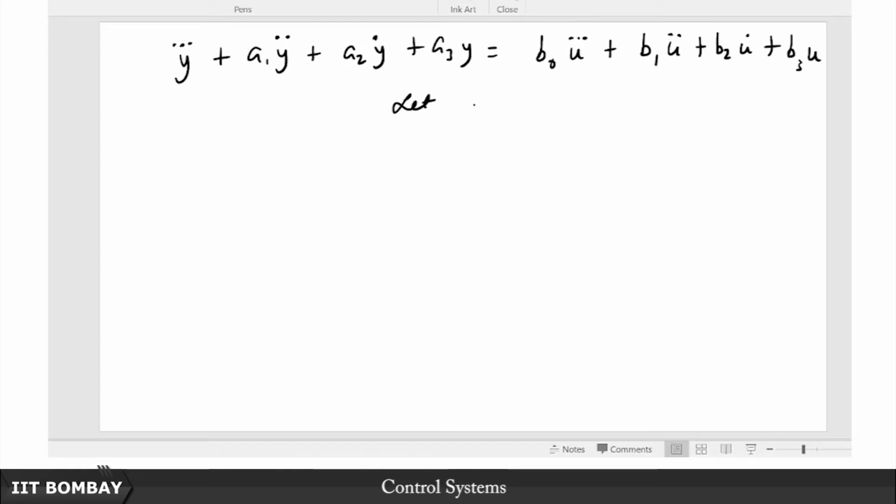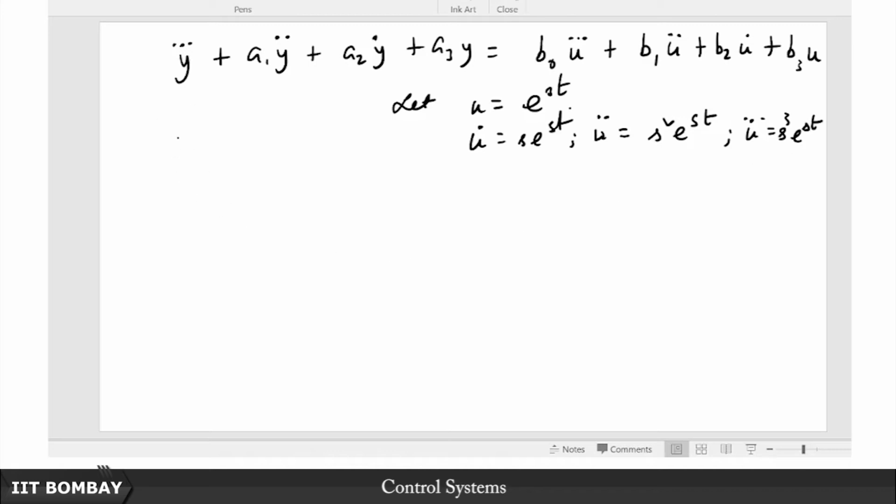Let u be equal to e to the st. Then we know that u dot is nothing but s e to the st, u double dot is nothing but s squared e to the st, and u triple dot is nothing but s cubed e to the st.